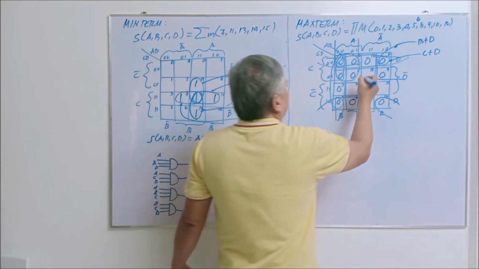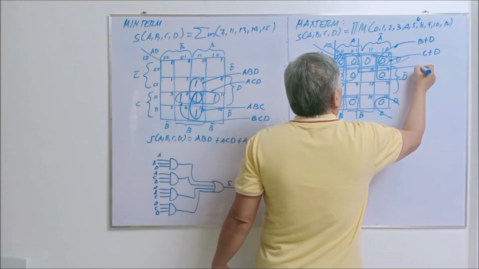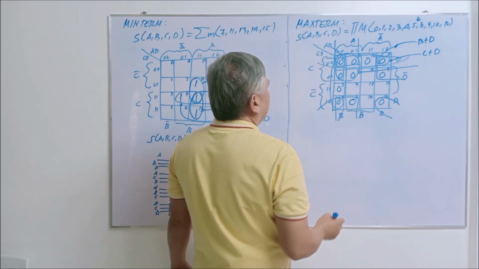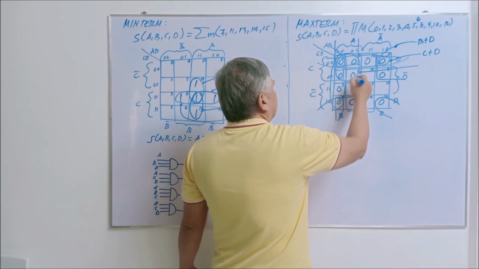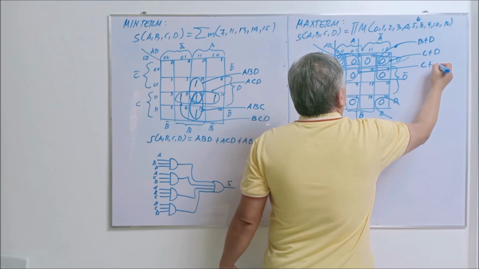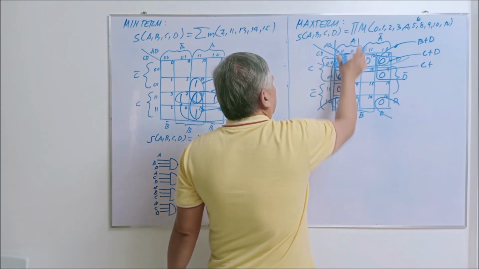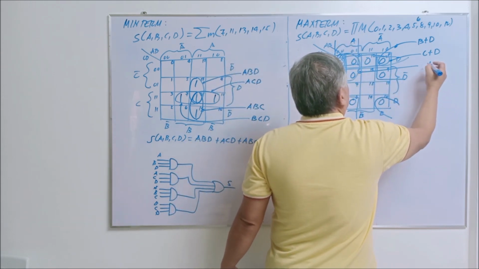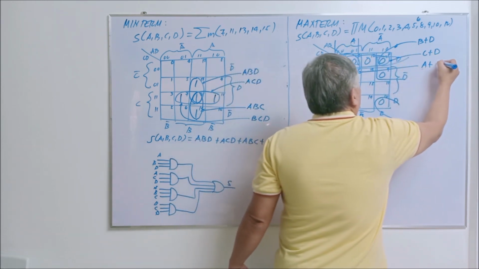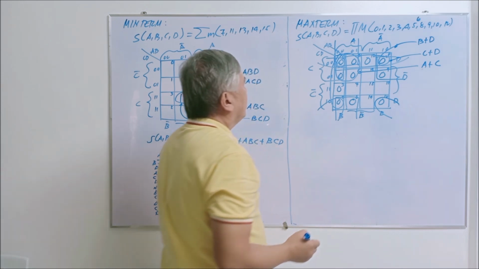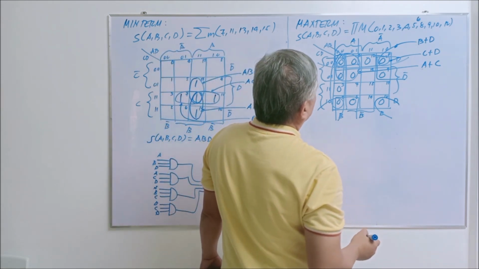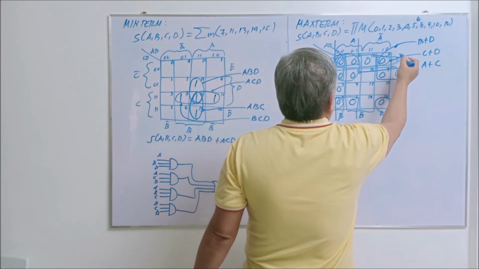So, this one, the square, what will be the equation or the variable terms? This is under C plus under what? A. A, no? It's A, then C. So, A plus C. Okay?